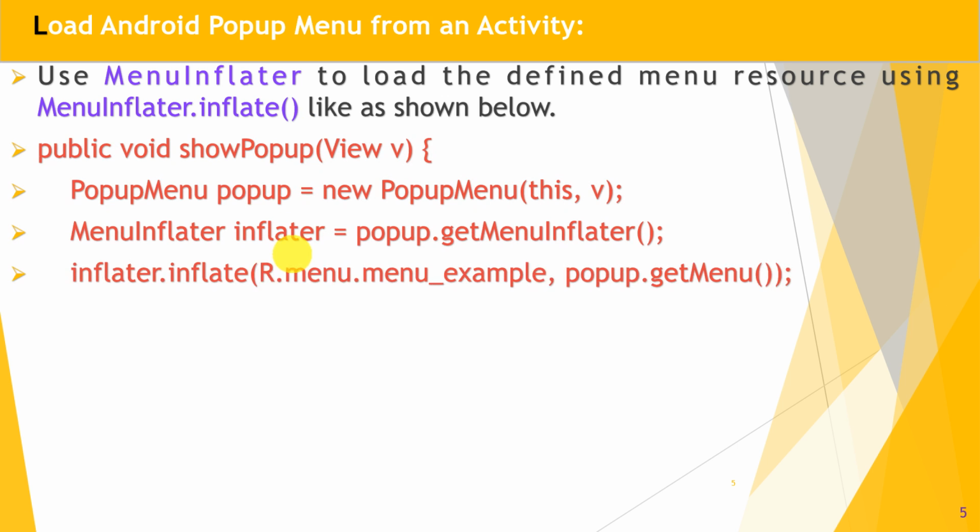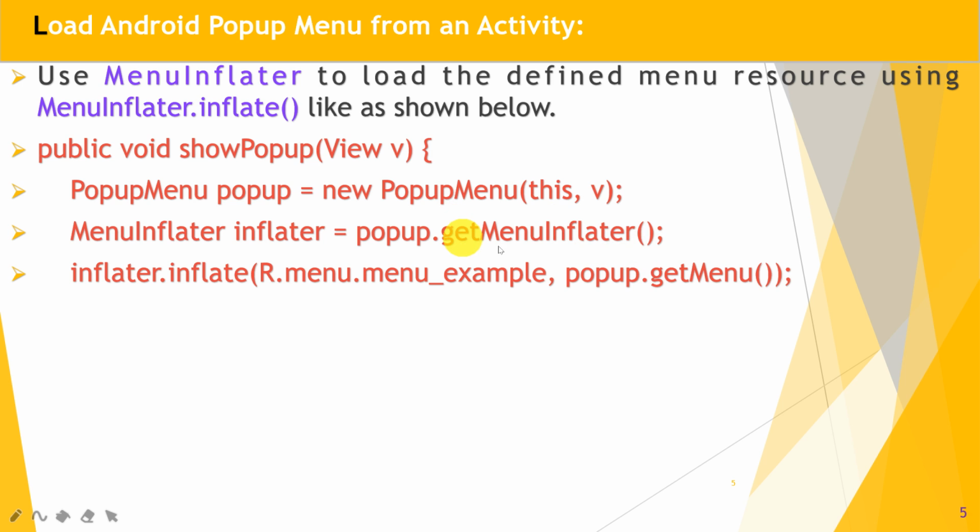So here we first create the object or instance of PopupMenu by calling the constructor of PopupMenu. After that, the MenuInflater object we create using the popup.getMenuInflater method.